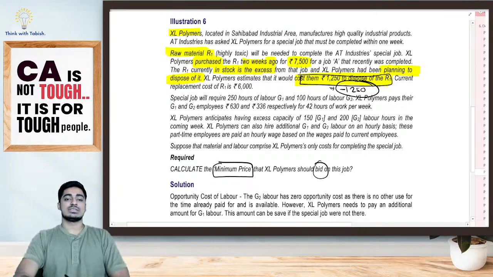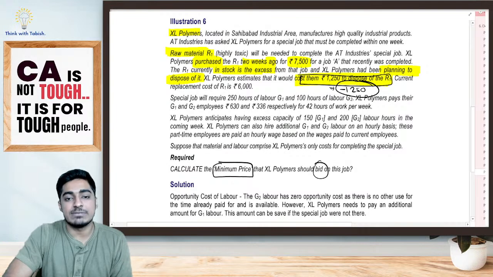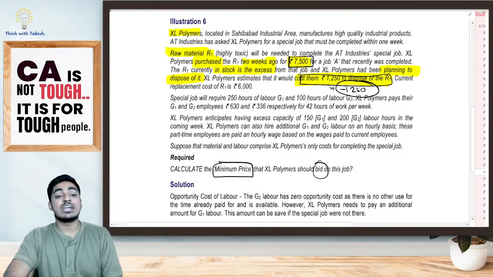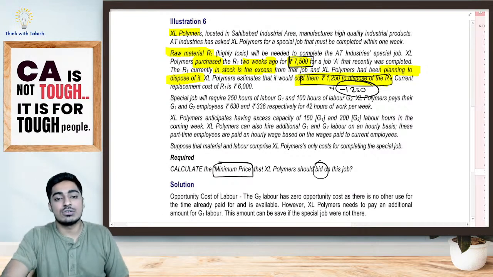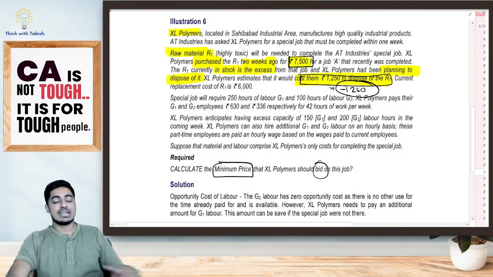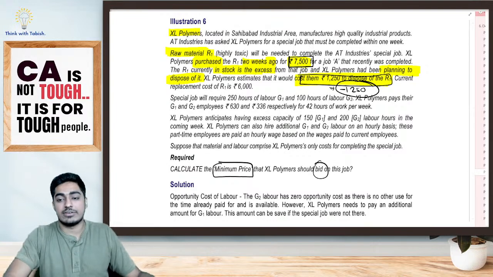Is it clear, students? Again, is this 7,500 relevant? I had purchased it 2 weeks back for 7,500. Is this 7,500 relevant, students? Tell me, is it relevant? If yes, why? If not, why not?